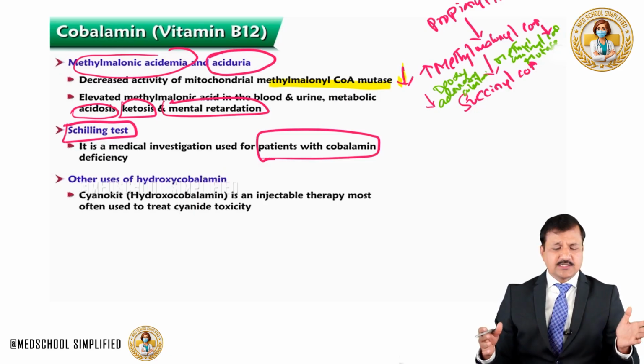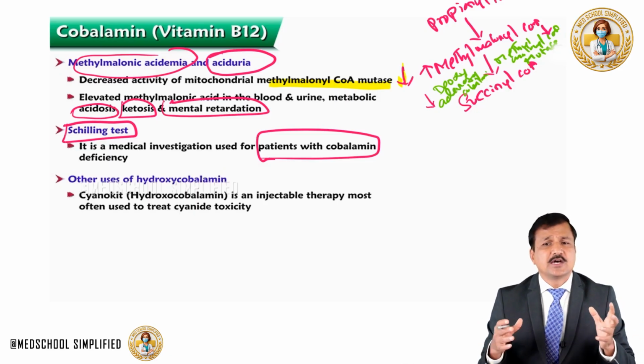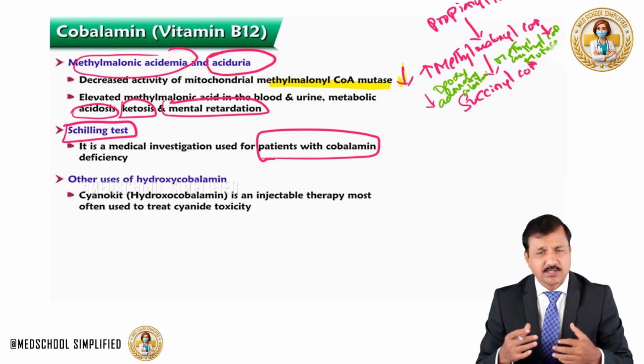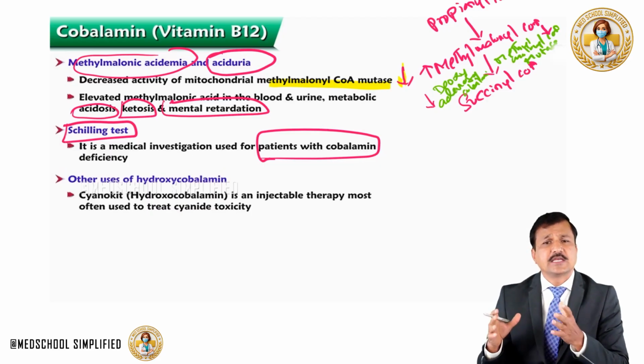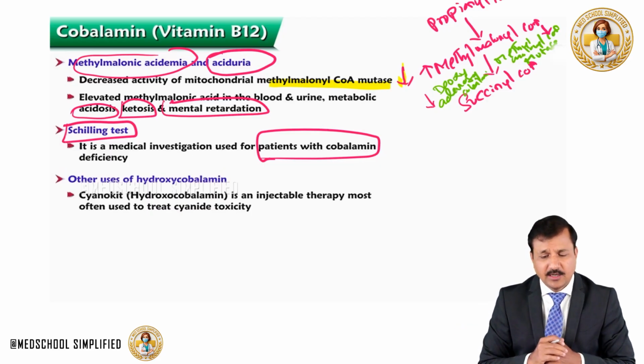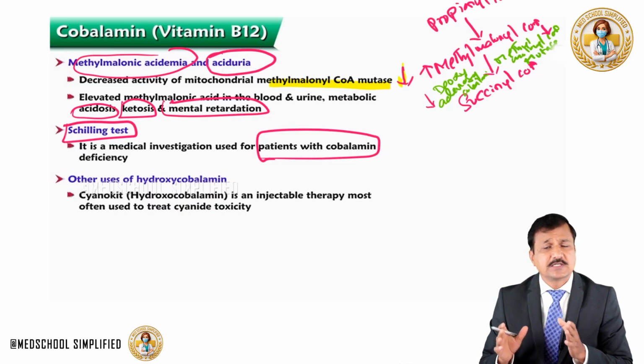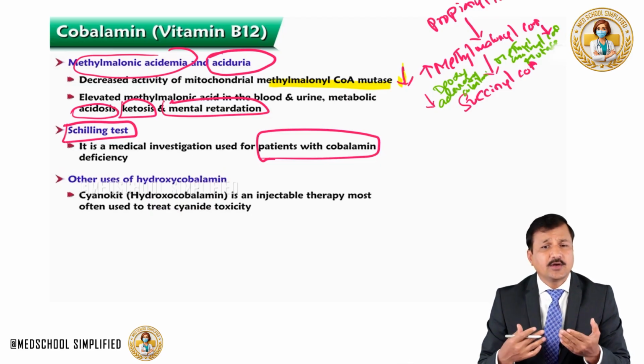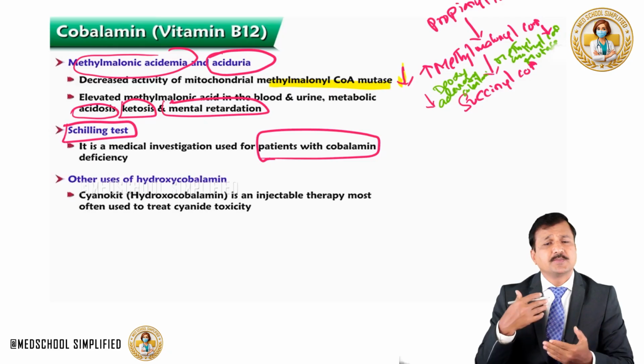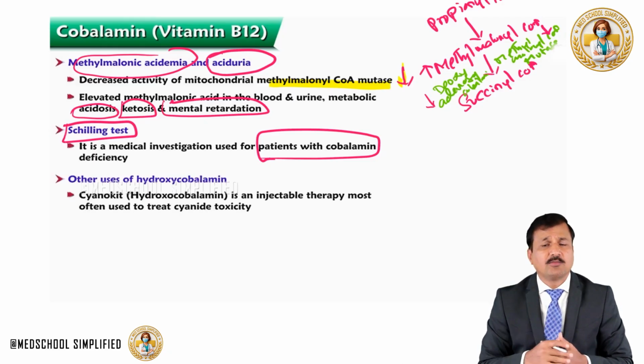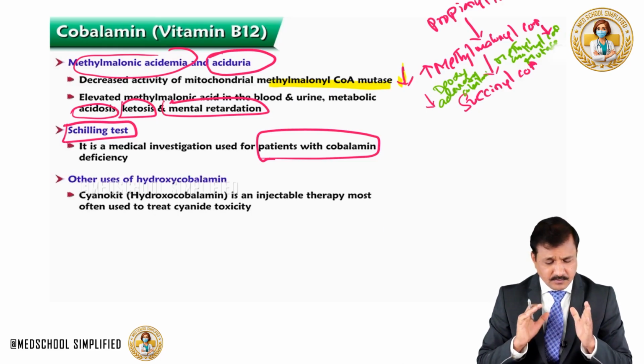Nowadays, the Schilling test is not generally done because we can measure cobalamin directly and see whether cobalamin deficiency is there or not, and also treating cobalamin deficiency is easy, where you can simply supplement cobalamin and see the improvement in the signs and symptoms.